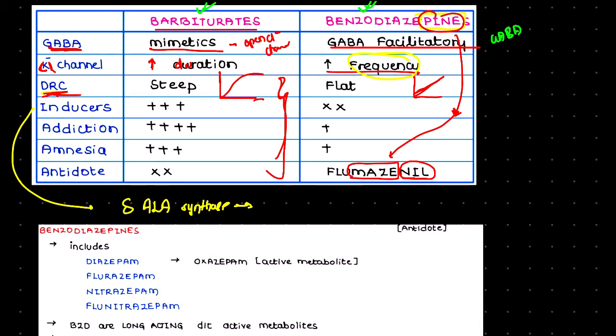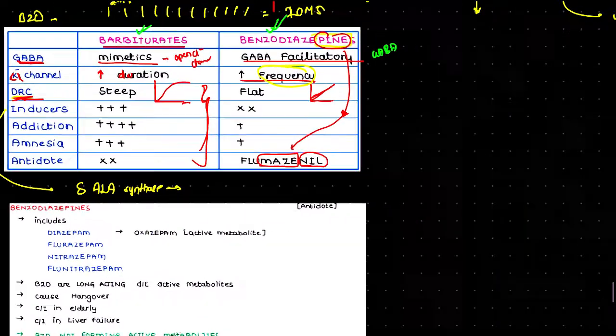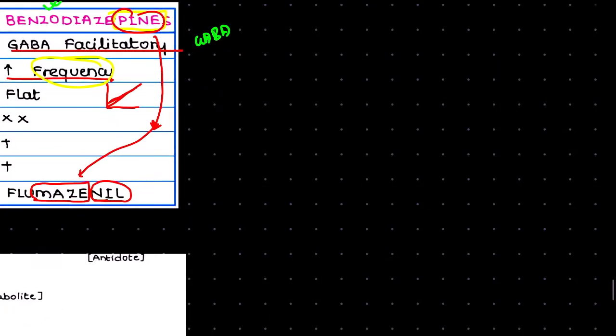Now let's talk about some of the drugs, some of the barbiturates. We already talked about the mechanism of action of barbiturates, how they act. Now let's talk about their classification.